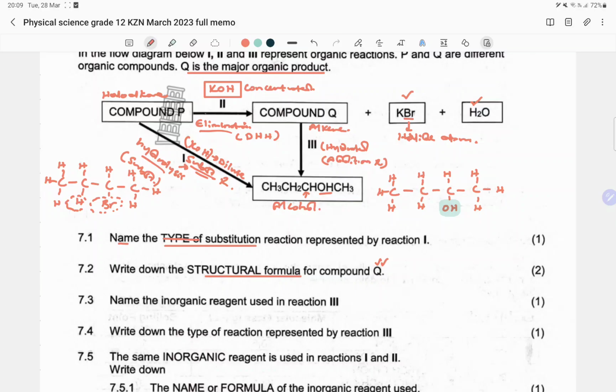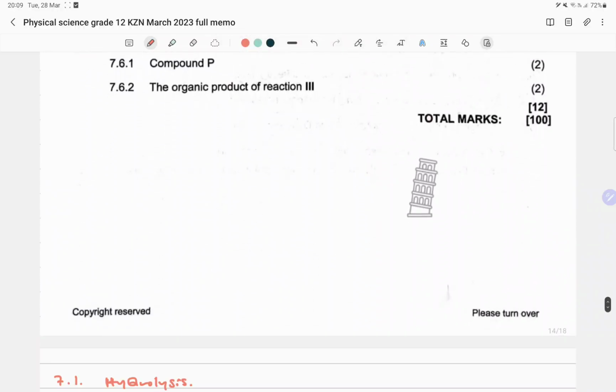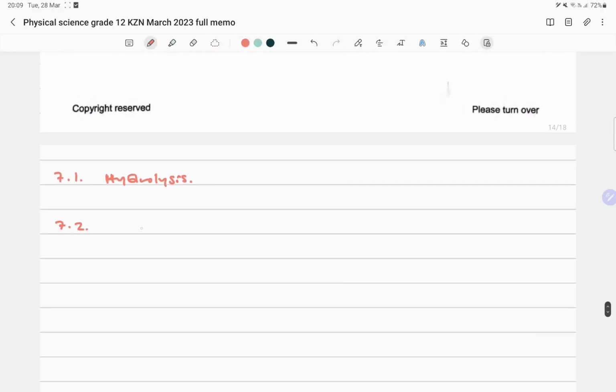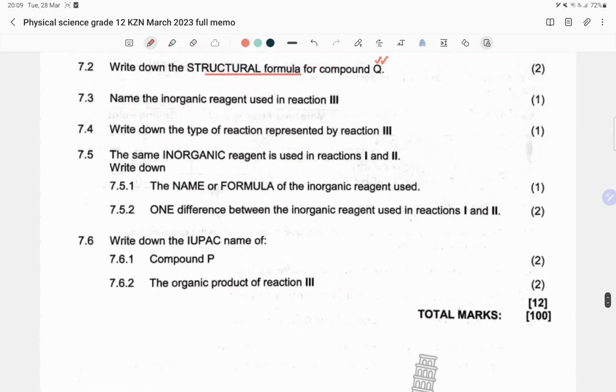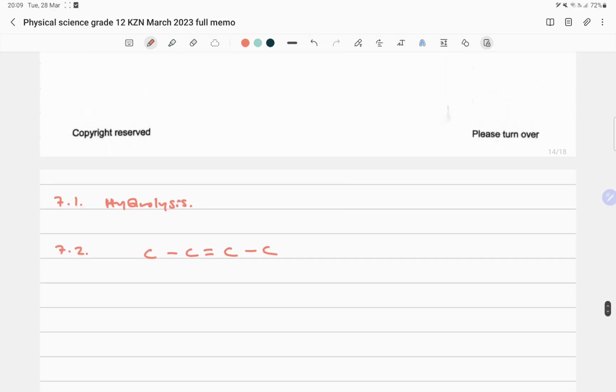So the double bond is going to be there for compound Q. So compound Q is like this: 1, 2, then there's a double bond here, 3, 4. And then of course it's an alkene. So 1, 2, 3, 4, and then 1, 2, 3, 4, 1, 2, 3.